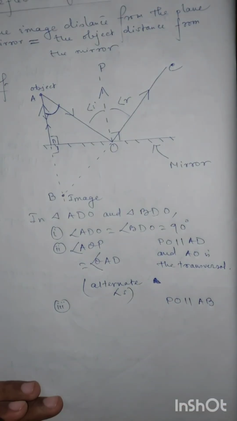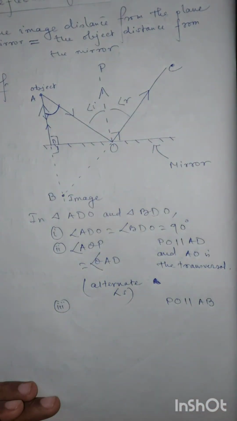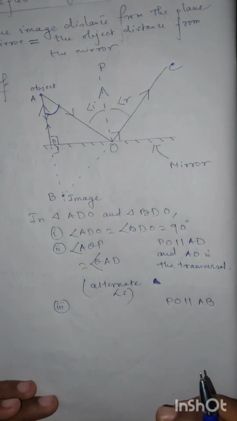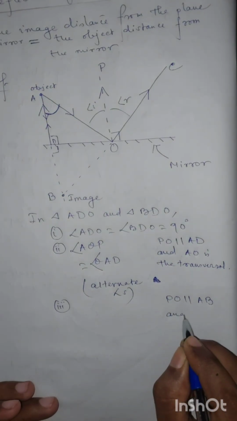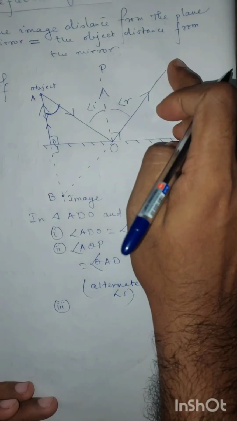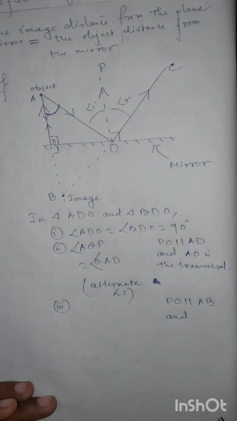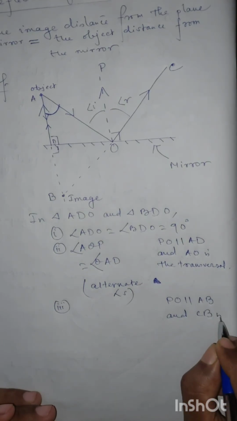Because they are perpendiculars on the same plane. This is a perpendicular, this is also a perpendicular on the same plane, that is why they are parallel. And CB is the transversal.